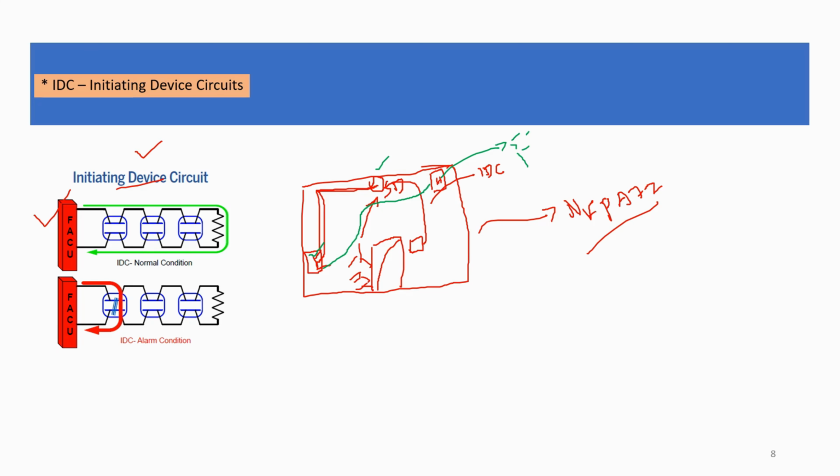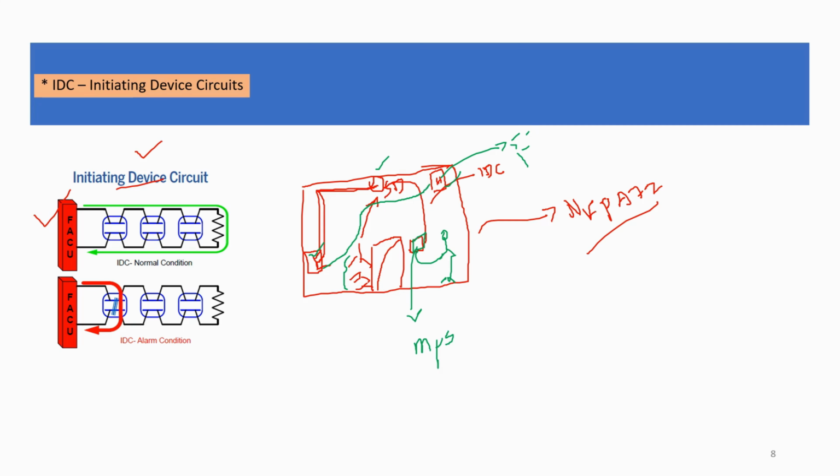Or else, if a fire occurs in this particular building, then any person who sees the fire can activate the horn strobes by pulling the manual call point, or we can call it a manual pull station.